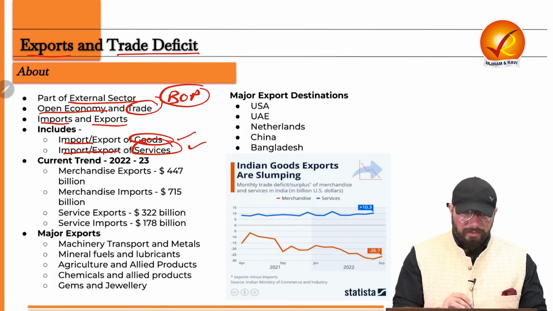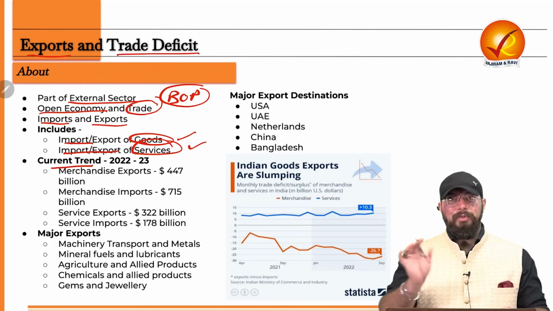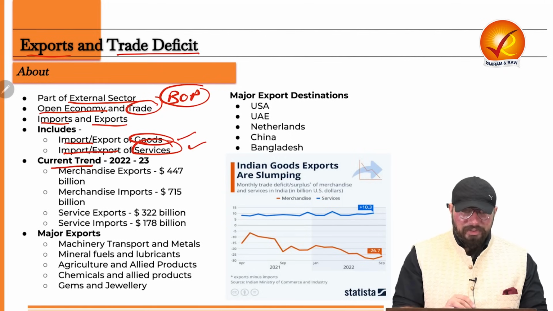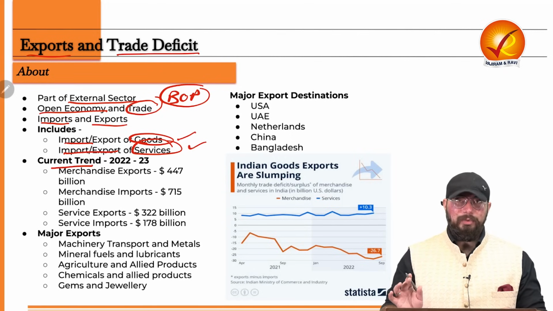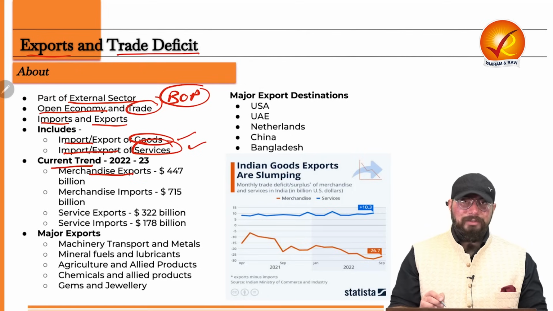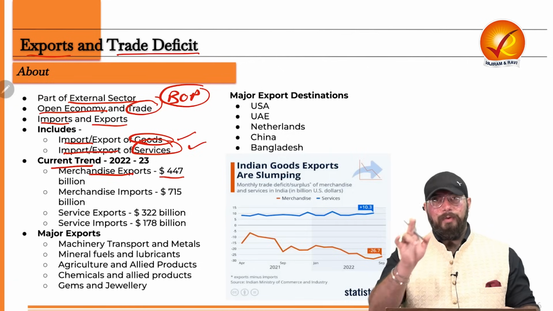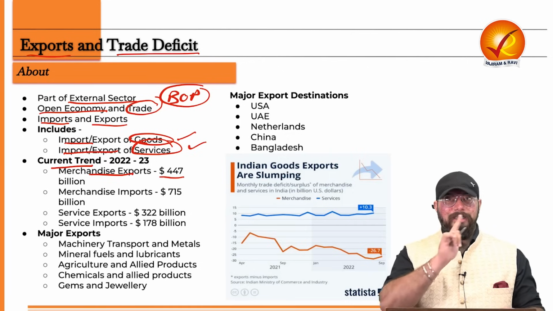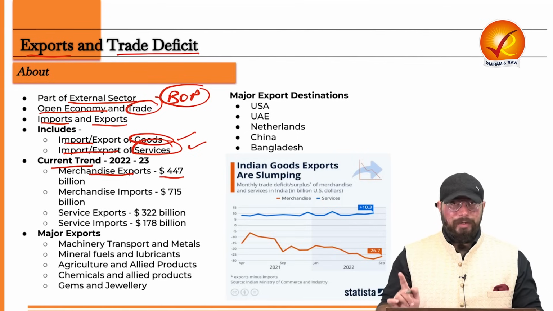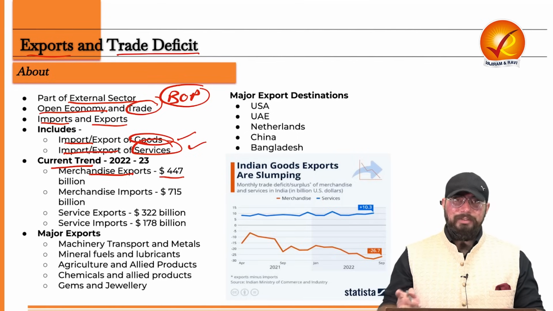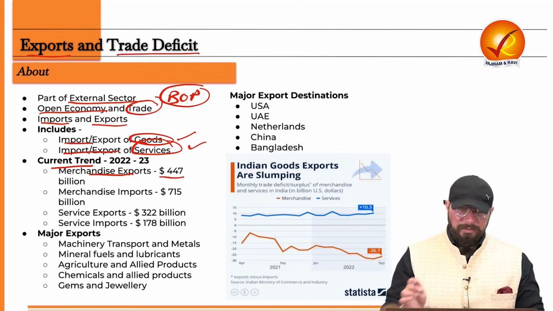Now let us focus on the current trend of exports and imports. Now this merchandise exports involves your goods exports only. So merchandise exports have been in total $447 billion as of 2022-2023. All of this data is for the year 2022 to 2023. So merchandise exports are $447 billion.